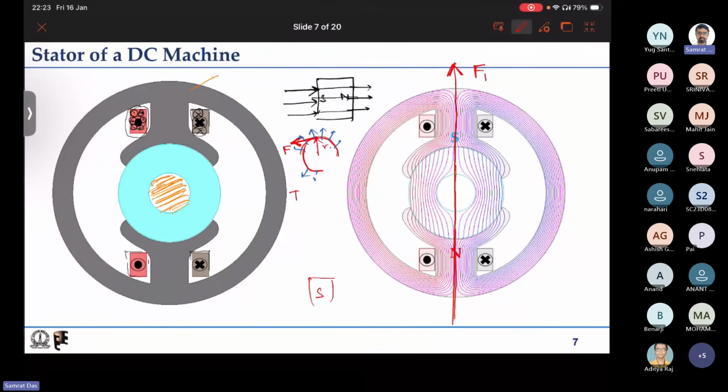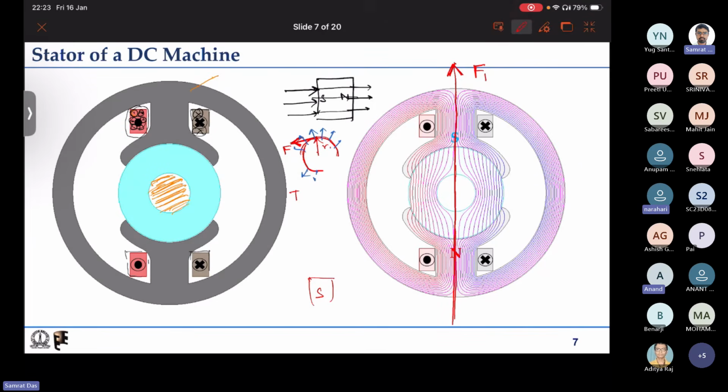So you can define the direction of a magnetic field through its axis. The axis represents the direction of the magnetic field.